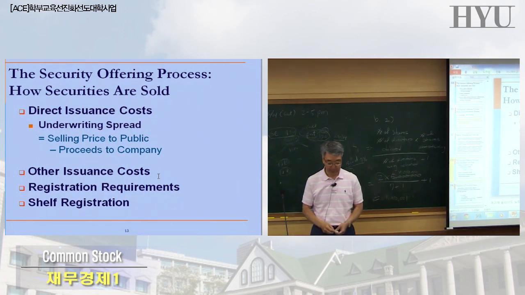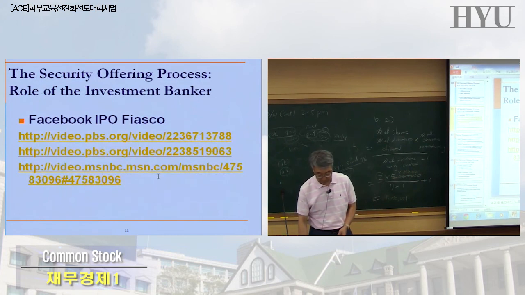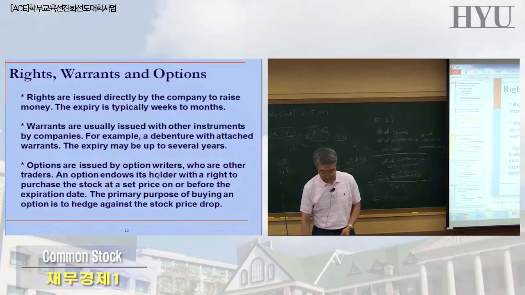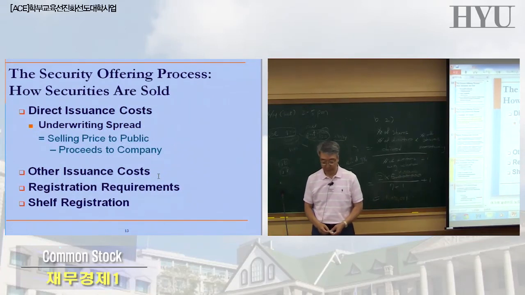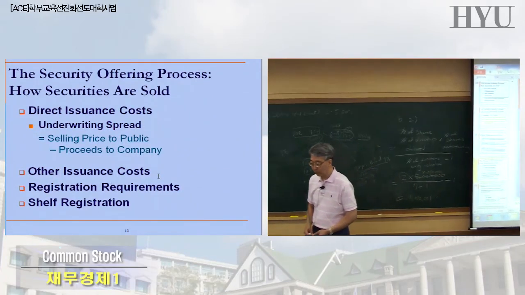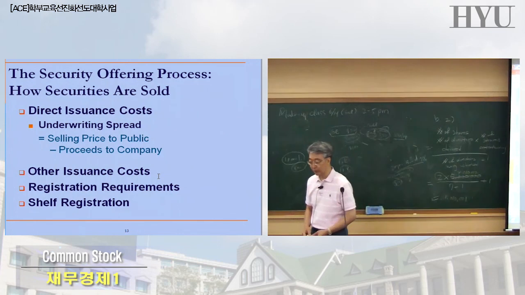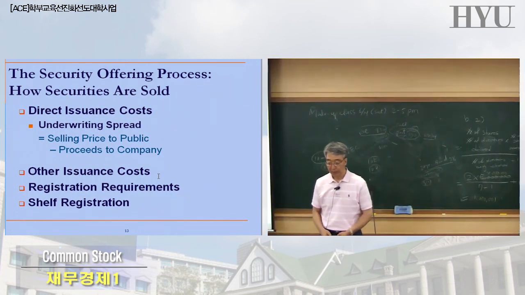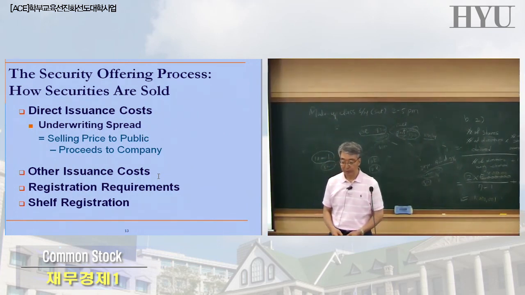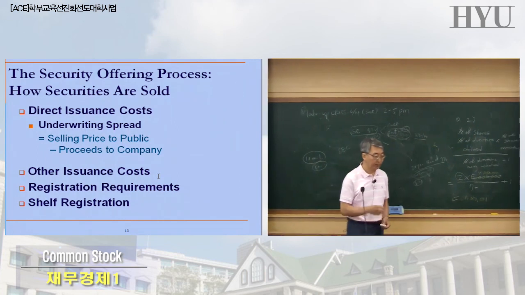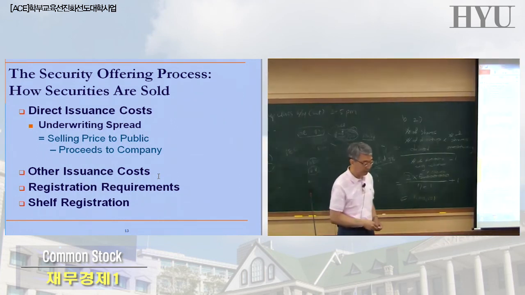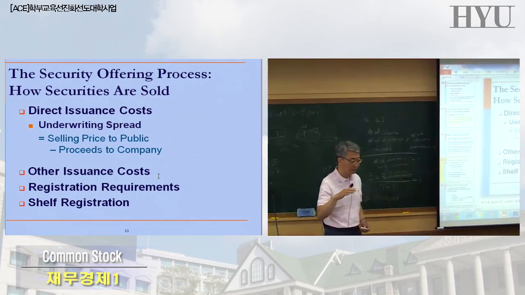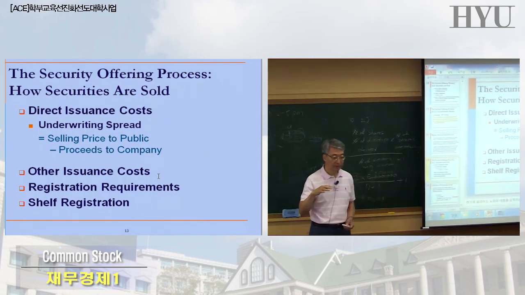So, other issuance costs, I was going to talk about this Facebook IPO fiasco. One of the roles of the investment banker when they help with an IPO, initial public offering, is to come up with appropriate pricing when a company issues its stocks for the first time.